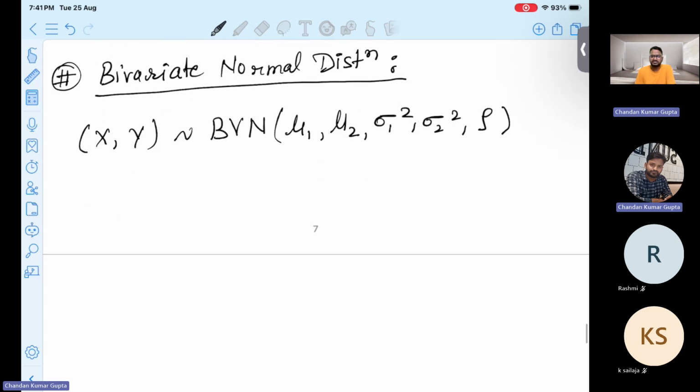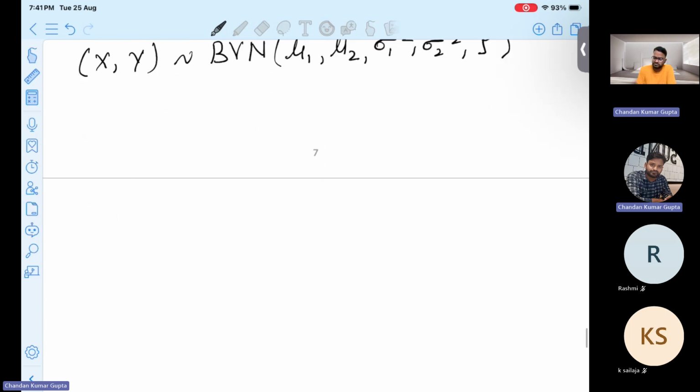Okay, so it has its closed form probability density function also.